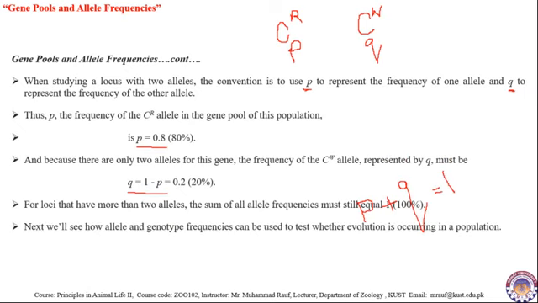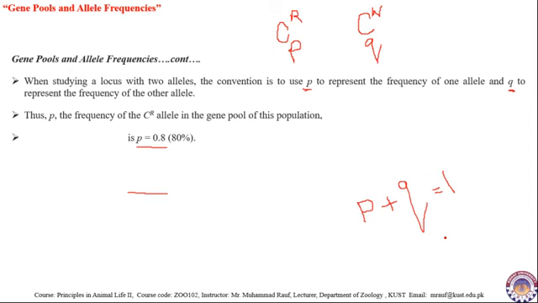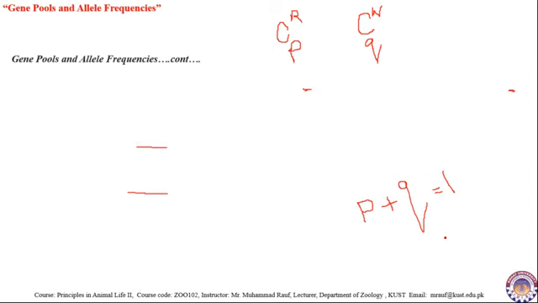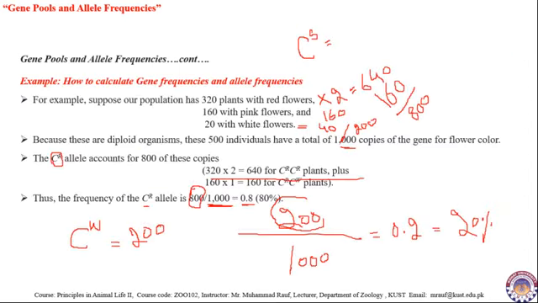Next we will see how allele and genotype frequencies can be used to test whether evolution is occurring in a population. So now, genotype frequency is very simple. From that equation you can also calculate the genotype frequency.